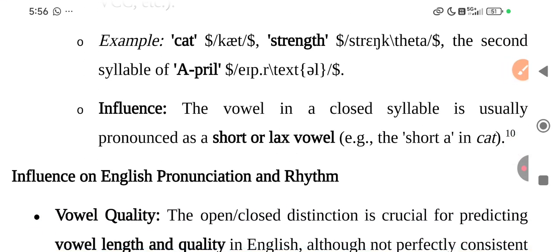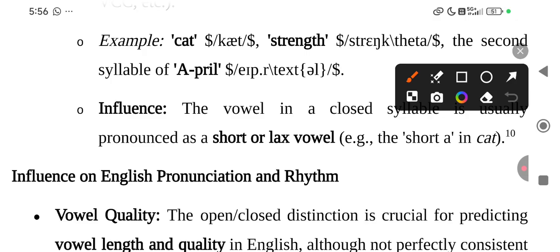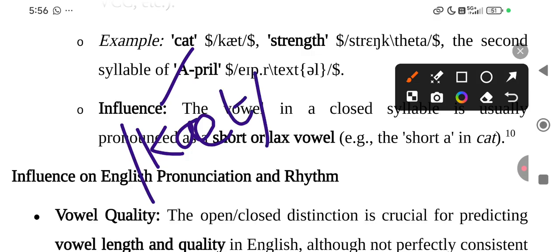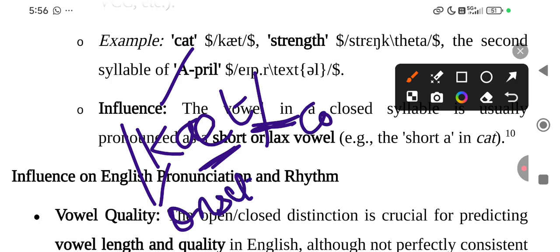Examples: cat, strength, April. Cat is a monosyllabic word. Here this is the onset, this is the nucleus and this is the coda.